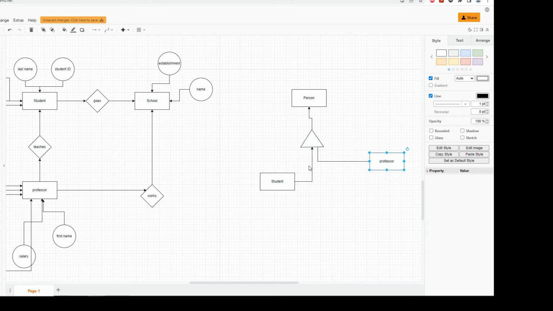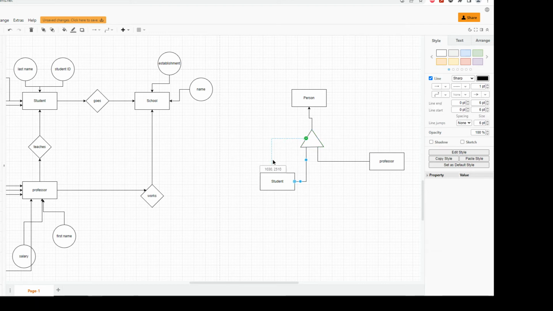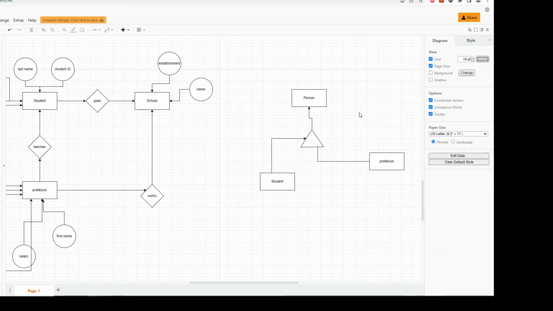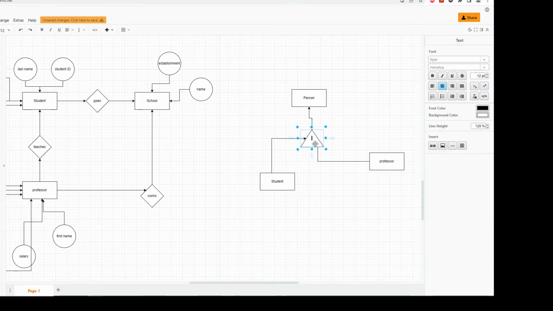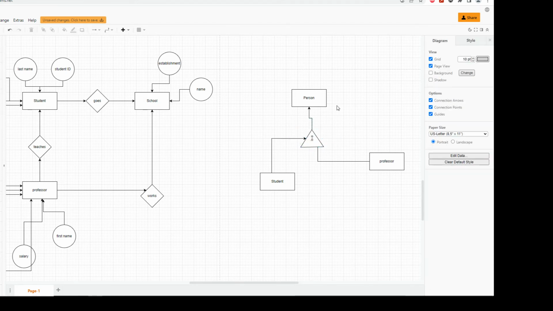Let me put this here. Excuse the drawing, I'm not trying to be fancy, just hopefully get the idea across. This would be "is a." A person is a student. A person could also be a professor.